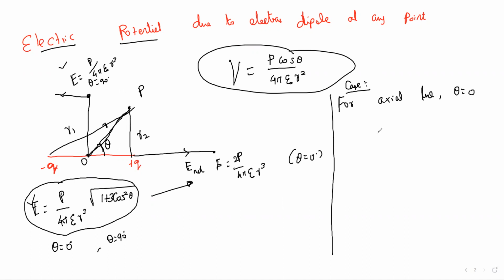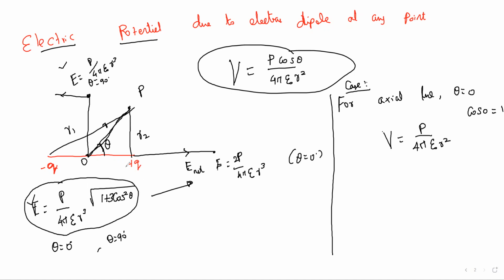So in that case, if you try to find the V value, what is cos 0? Cos 0 is 1. So in that case, you will get the maximum electric potential, that is P by 4 pi epsilon 0 R square.